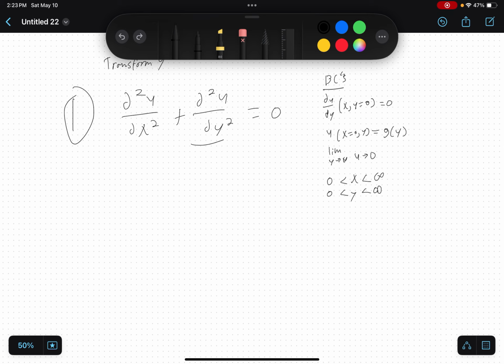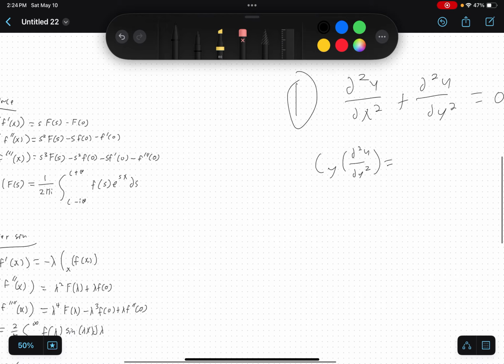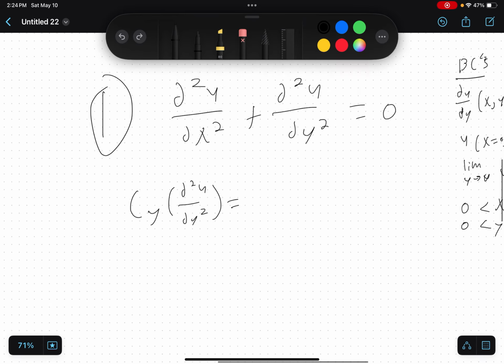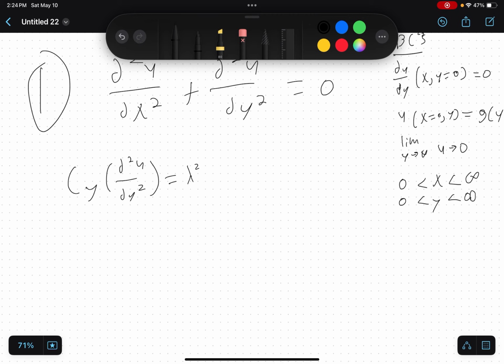So let's transform that term. Fourier cosine on y of d squared u dy squared equals the transformed u. I'm going to call it transformed u, because this is normal u.